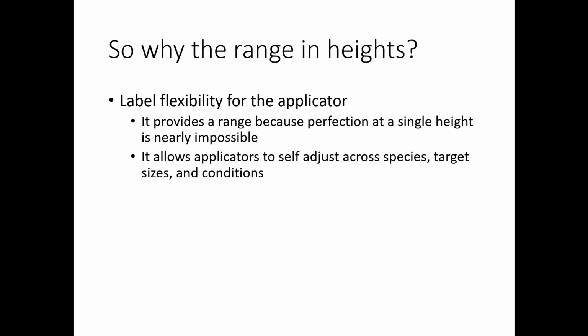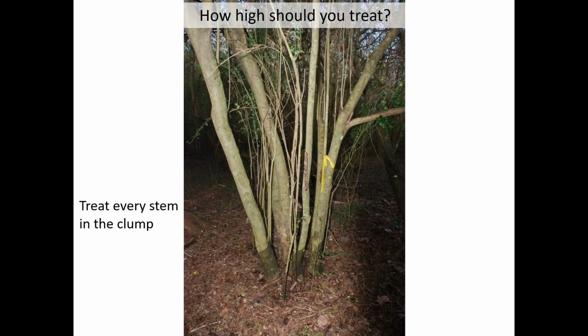So for really small 1 to 2 inch diameters, cutting that application height down. The larger the diameters, typically bumping that application height up closer to 18 inches, or 15 to 18 inches for the high ends for the different herbicide labels. So that's where the range comes from. It's not from any regression of height response based upon former studies, but it gives flexibility for the applicator, which we definitely need.